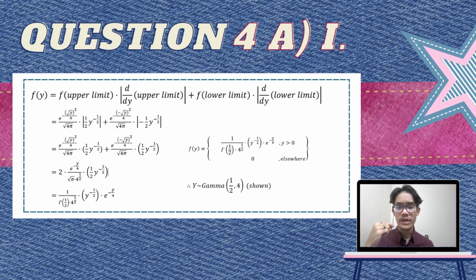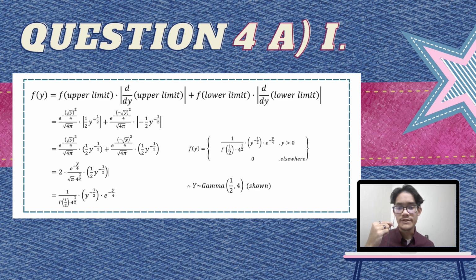Then we solve the absolute values, where the negative sign turns to a positive sign. Negative square root of y squared and square root of y squared from both terms can just be y. Square root of 4 pi from both terms can also be separated into square root of pi and 4 to the power of 1 over 2. Since both terms are equal, we can add them.